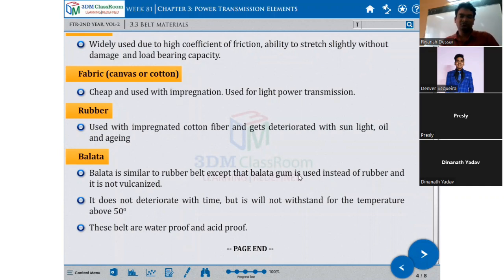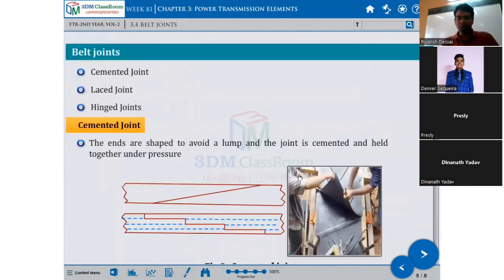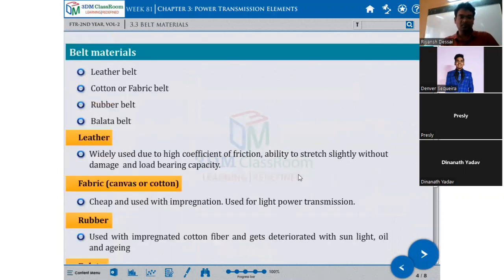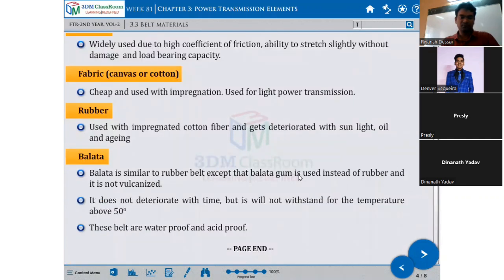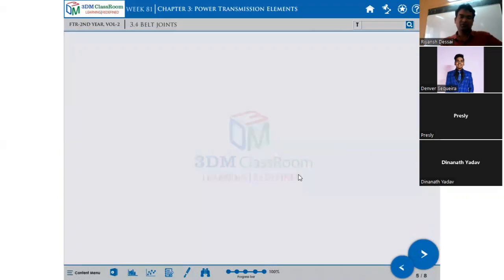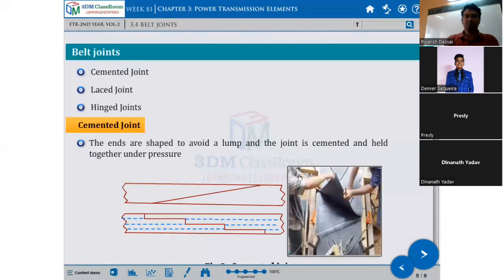This is balata. These belts are waterproof and acid proof. Which belt is this? Balata belt. Do you remember?